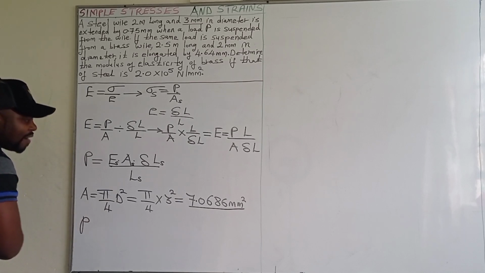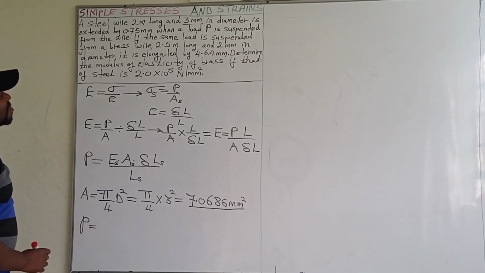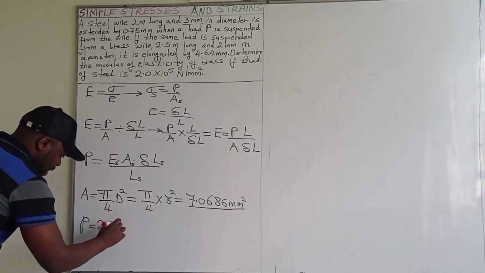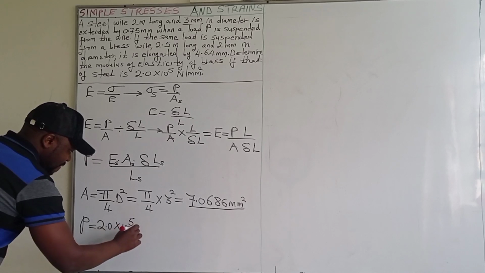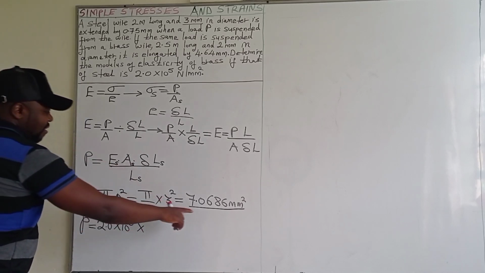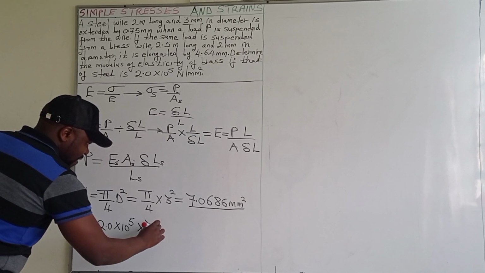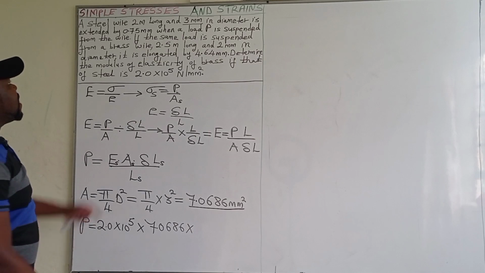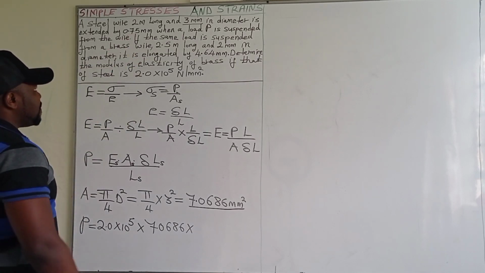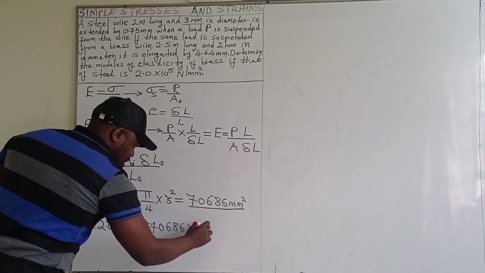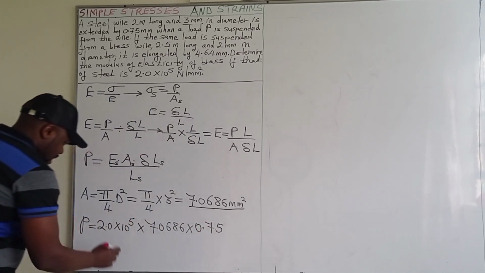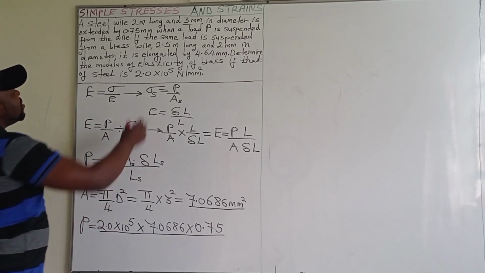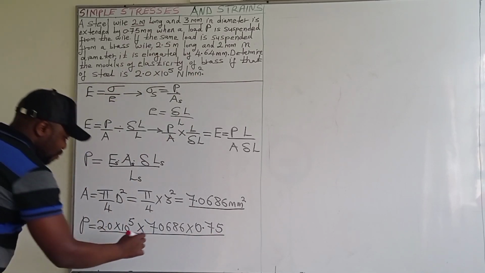In this case, the load is equal to the Young's modulus of elasticity of steel, 2.0 times 10 raised to the power of 5, multiplied by the cross-sectional area of the steel wire, 7.0686, then multiplied by the change in length. It is extended by 0.75 millimeters. Then we divide by the original length of the steel wire, which is 2 meters.